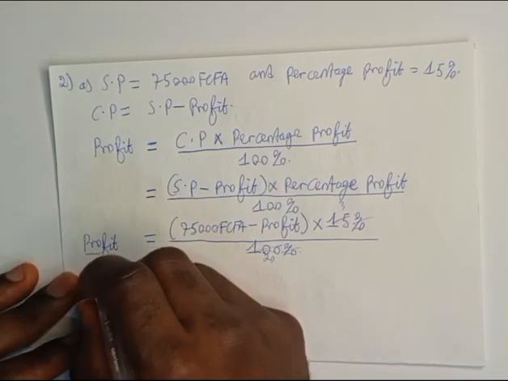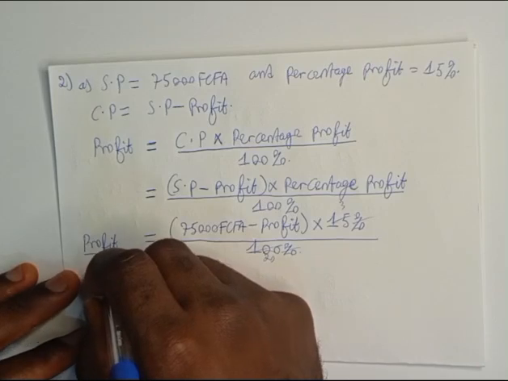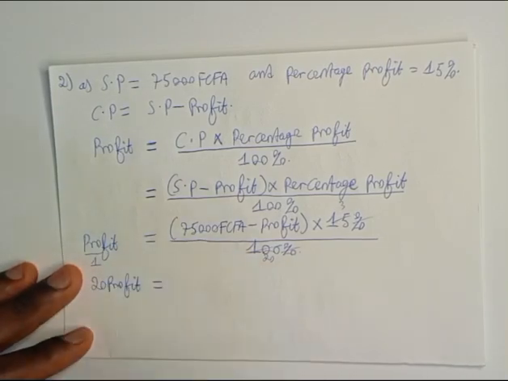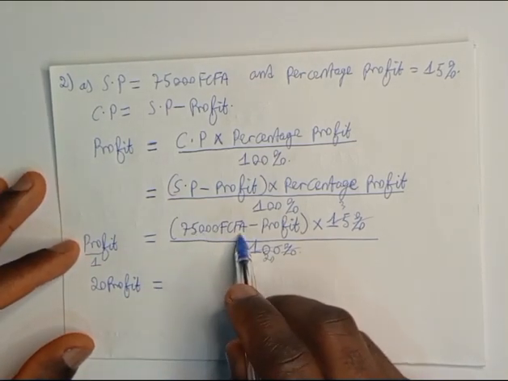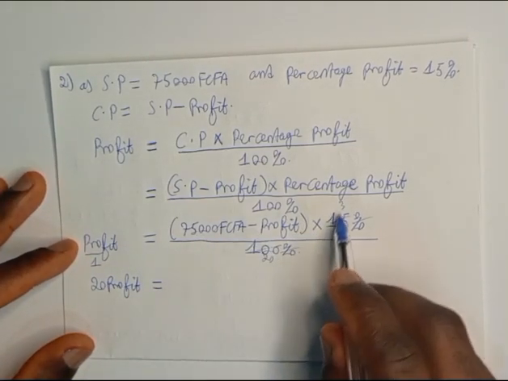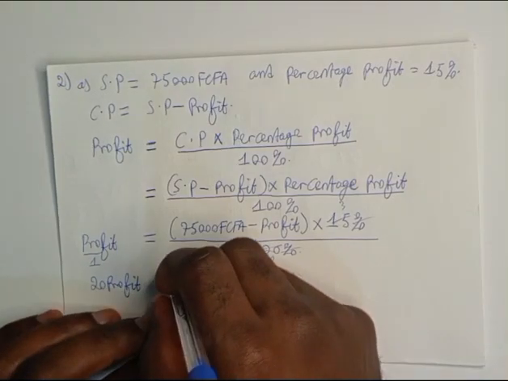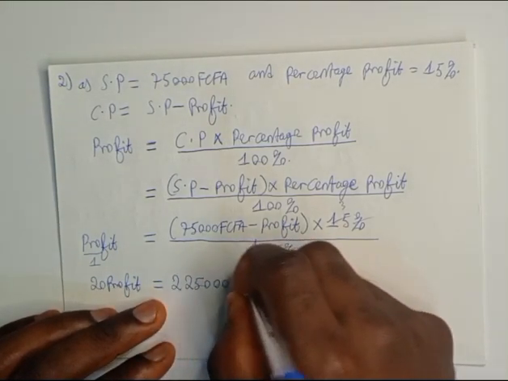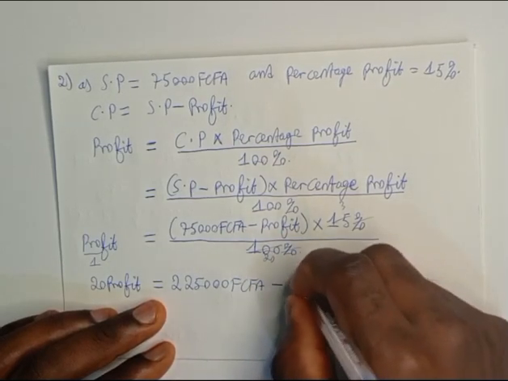Next, we are going to cross multiply. 20 times profit gives us 20 profit, equal to 75,000 francs minus profit times 3. 75,000 times 3 gives us 225,000 francs CFA, minus profit times 3 gives us 3 profit.